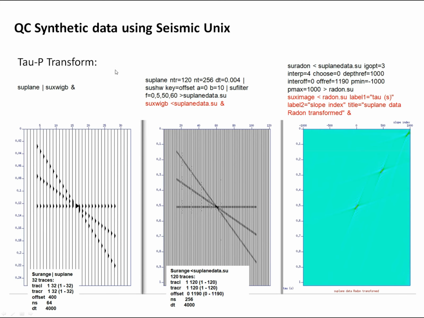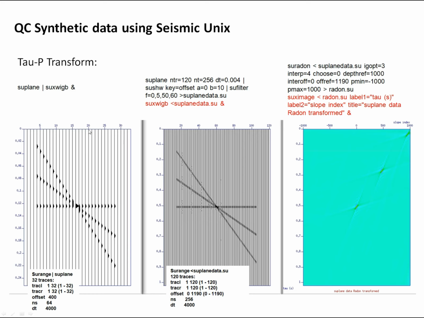And this is a demonstration of how you can perform a tau-p transform. Basically, a linear event in your x-t space is mapped to a point in your tau-p space. Tau is the zero offset time and p is the slowness, which is 1 over velocity. On the left is your input data, and in the middle is your data with further interpolation, because when you do the tau-p transform you need to satisfy the aliasing criteria.